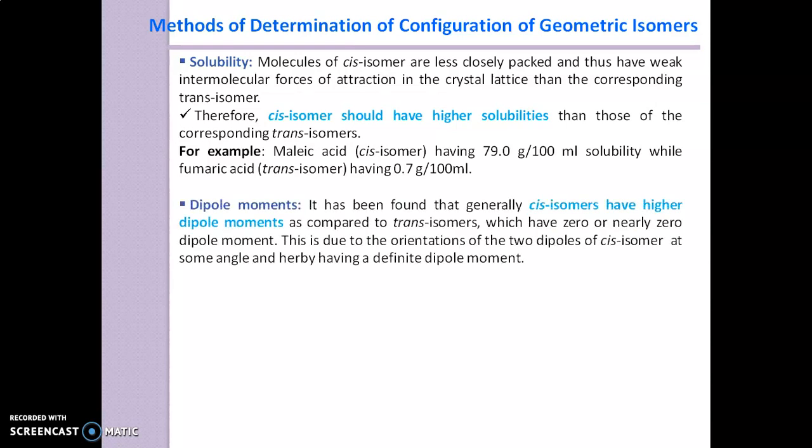Dipole moments, the next physical property. It has been found that generally cis isomers have a higher dipole moment as compared to trans isomers, which have 0 or nearly 0 dipole moment. This is due to the orientation of the two dipoles of the cis isomer at some angle, thereby having a definite dipole moment.